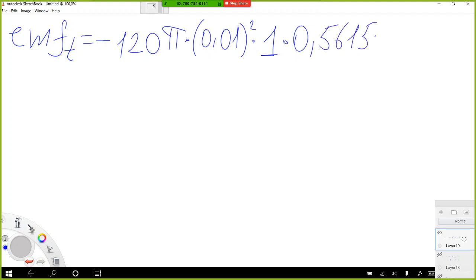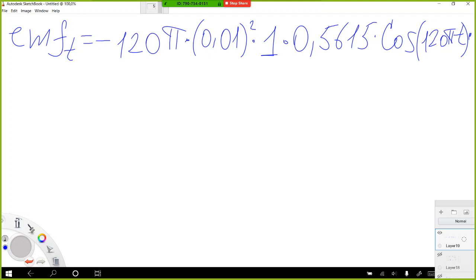0.5615 multiplied by cosine 120πt multiplied again by cosine 120π.